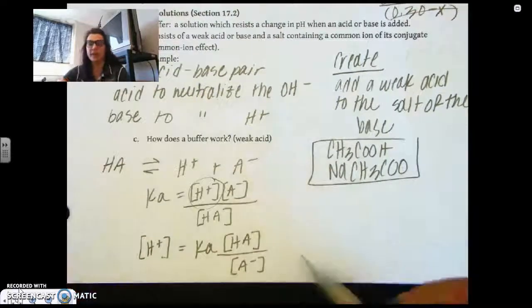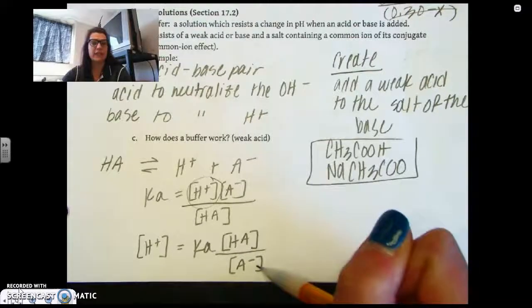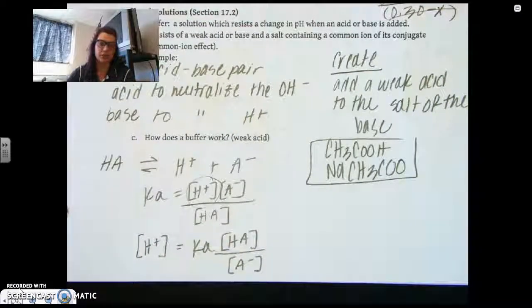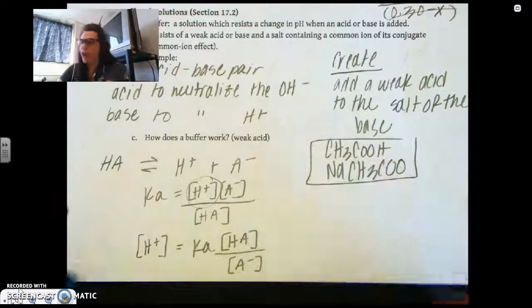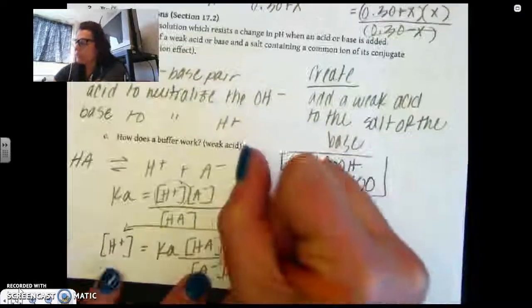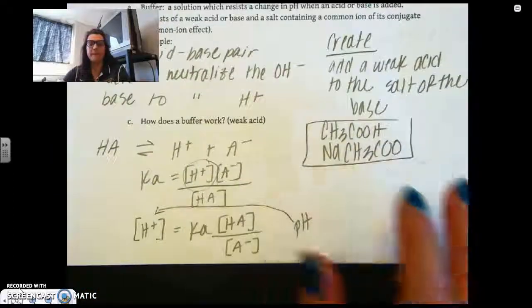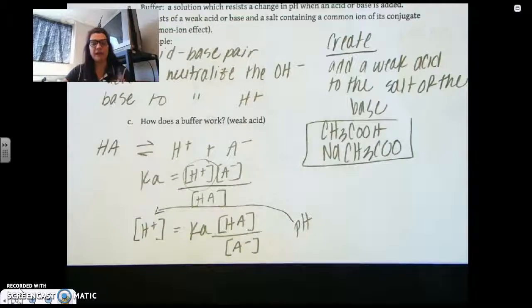Okay, so then you're talking about the relationship of the starting conjugate acid with its counterpart, its conjugate base. So then the pH is determined by the Ka of the weak acid and then the ratio between the weak acid and its conjugate base.